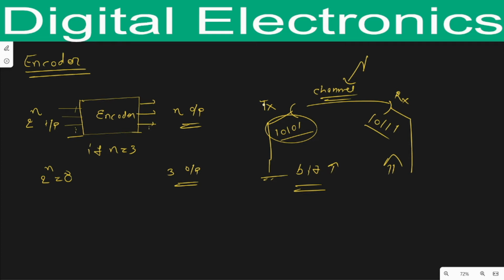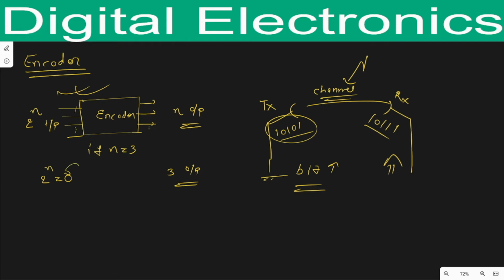So to reduce this probability, we need to transmit fewer bits from the transmitter. How can we reduce the number of bits? For this we require this combinational circuit, that means the encoder.